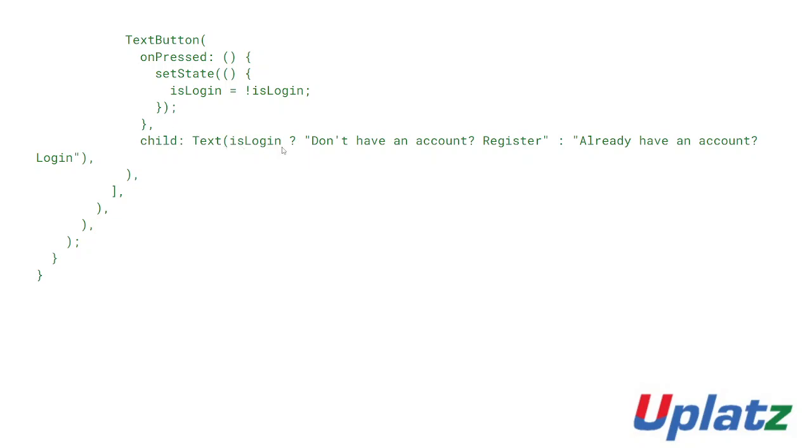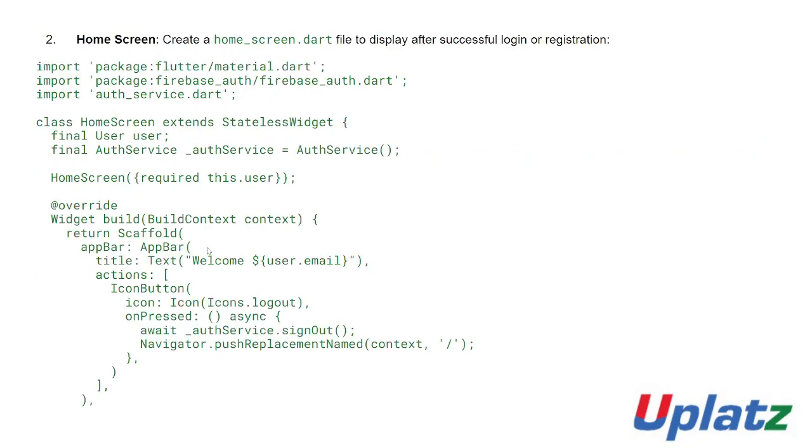Text is isLogin question mark, don't have an account, register, if isLogin is there, so it will be at the bottom. Otherwise already have an account, login, so it will be toggled. Then all brackets are closed. This is a very beautiful example.